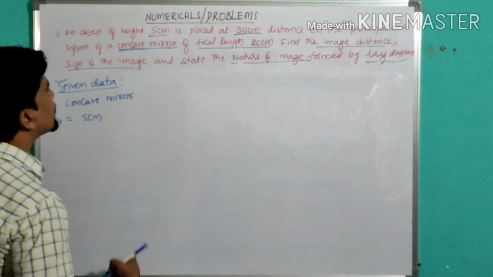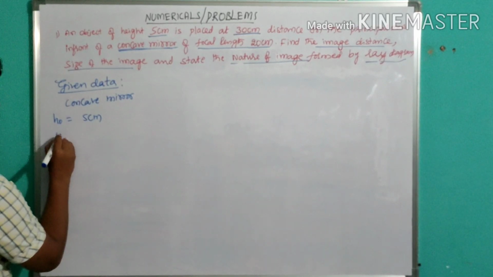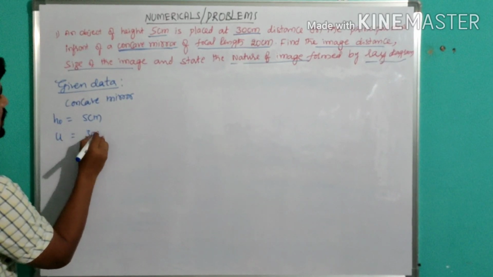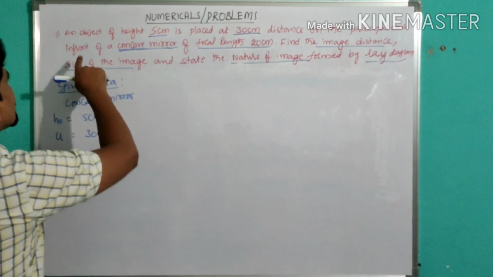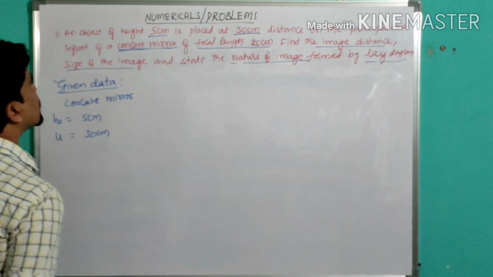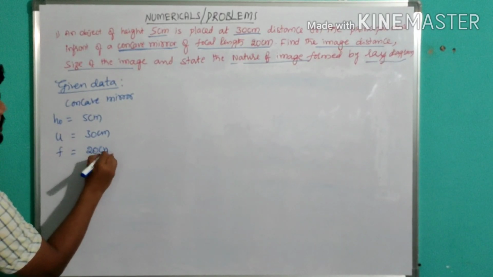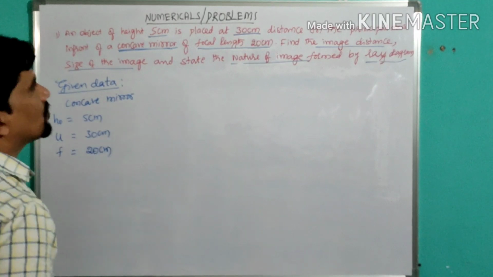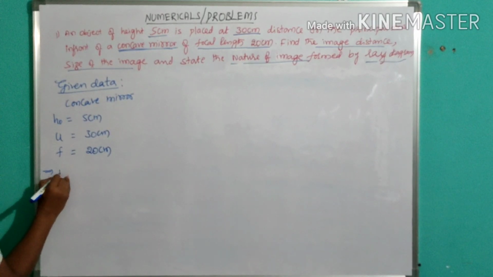Placed at 30 centimeters distance, object distance, that is U, 30 centimeters. On the principal axis in front of a concave mirror, focal length 20 centimeters. F is 20 centimeters. Find the image distance, the first question.